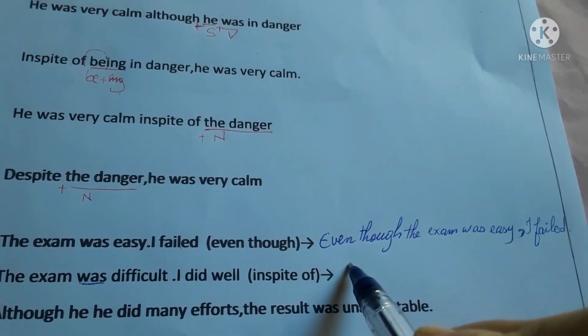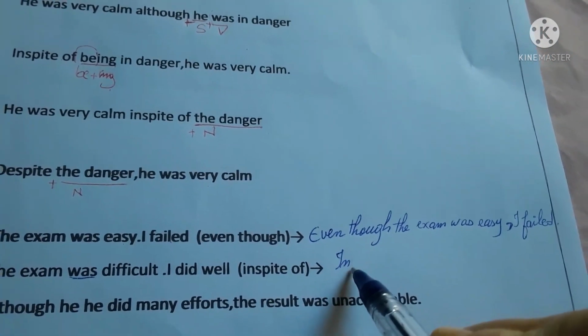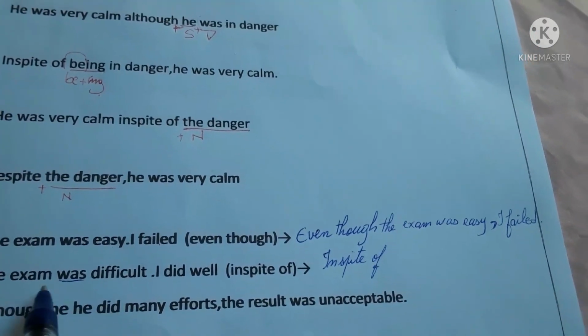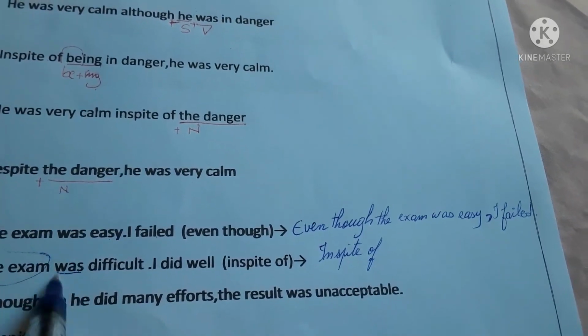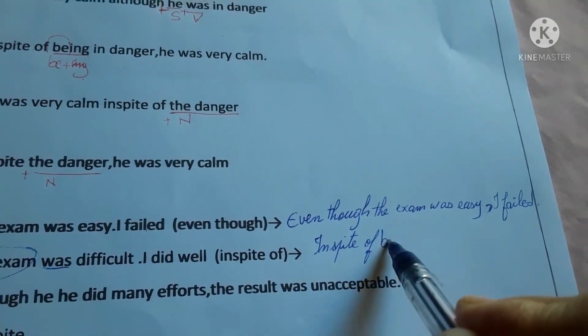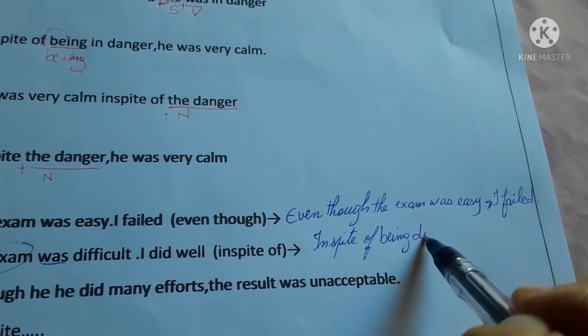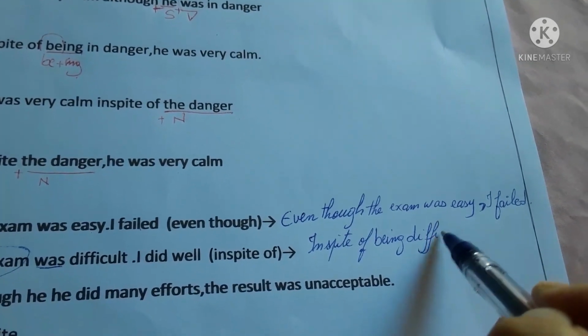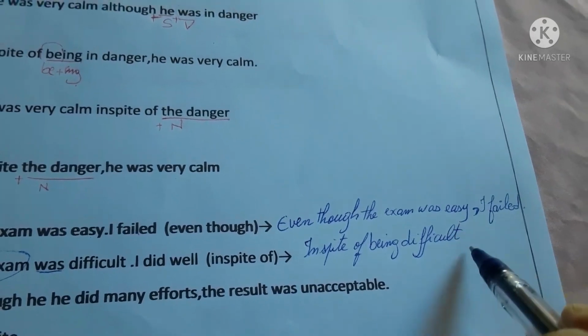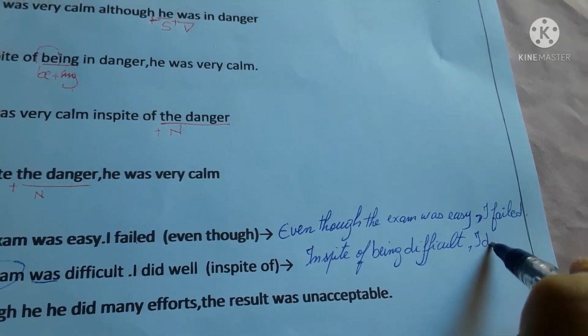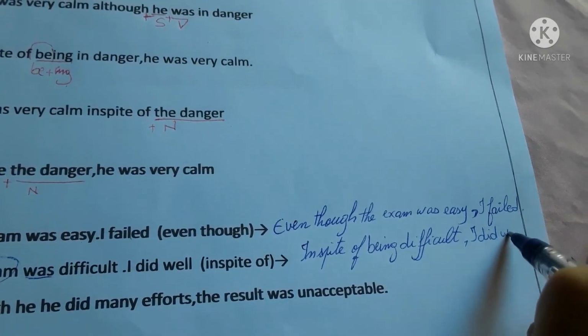We say in spite of being difficult, comma, I did well. هذه ما نسحقوهاش. was ترجع being.